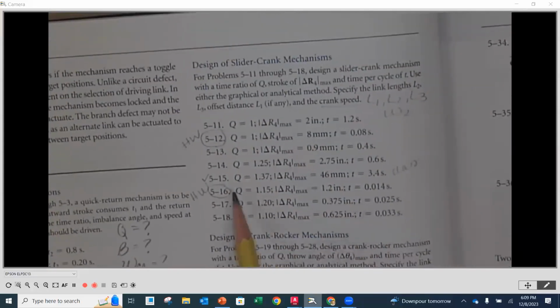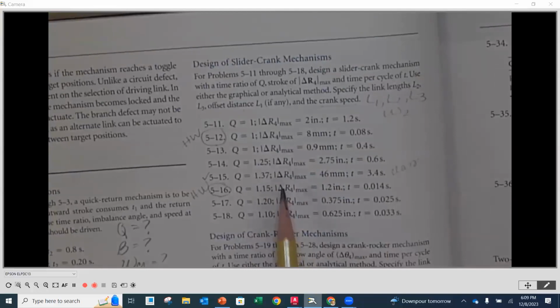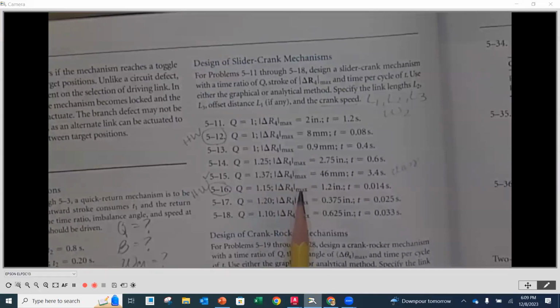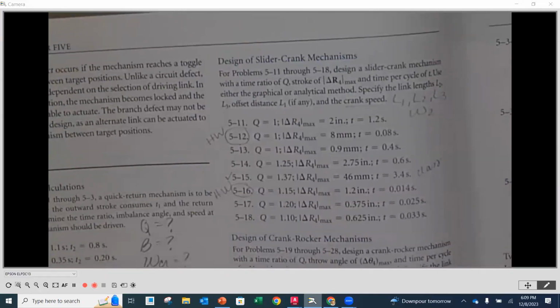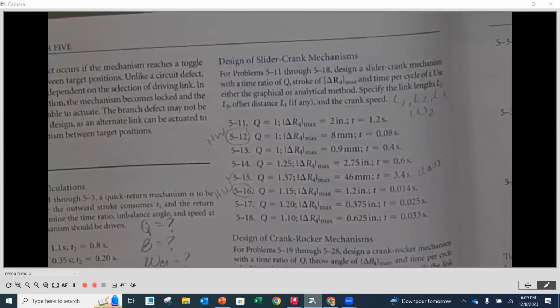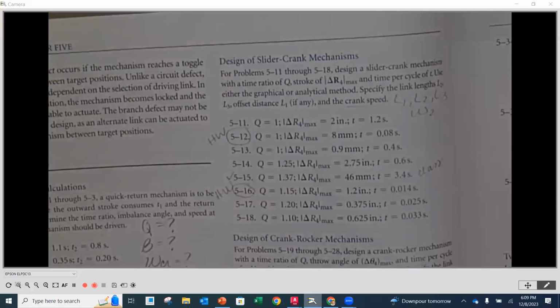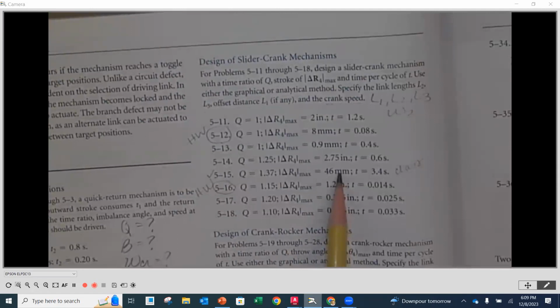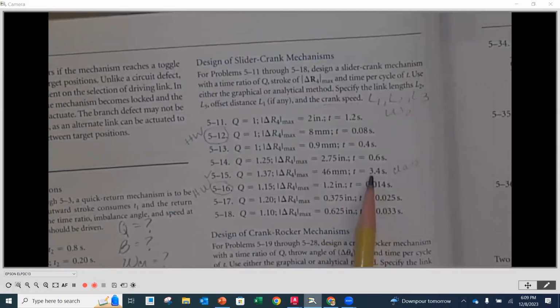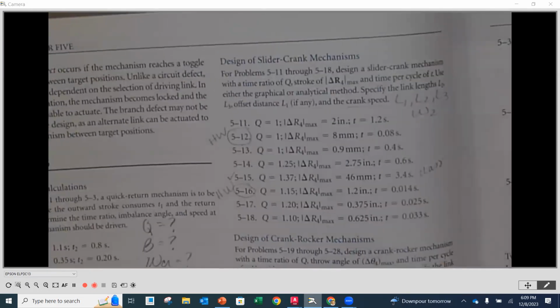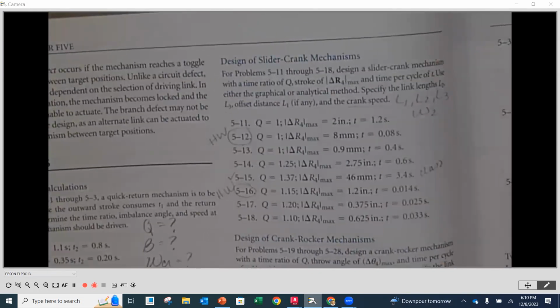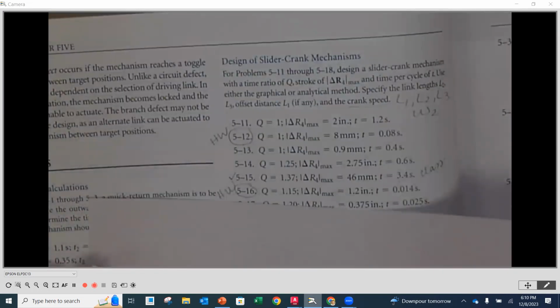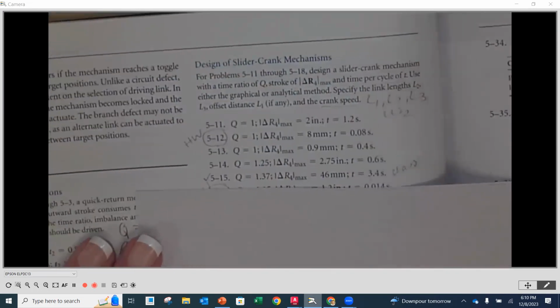You'll notice this time we have a value greater than 1 for Q. So right away, we know that it's not going to be a symmetrical motion, which puts us into the offset slider crank mechanism type. We have a stroke value of 46 millimeters and a total cycle time of 3.4 seconds. So we'll start by organizing the information we have.